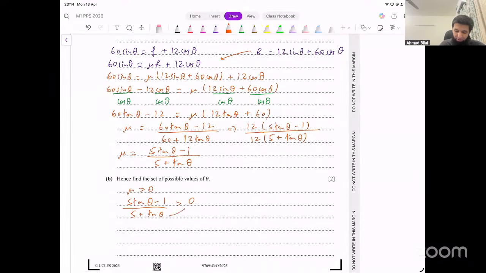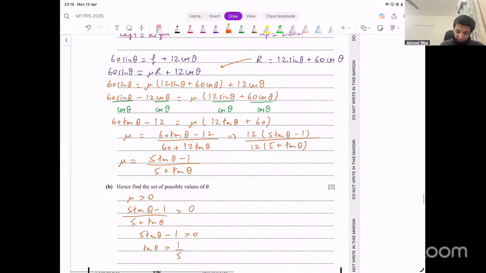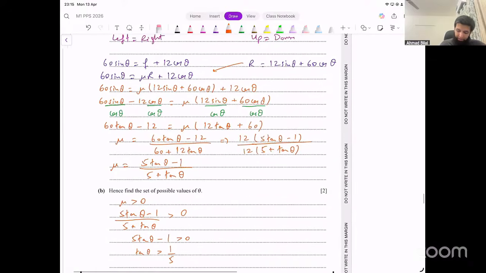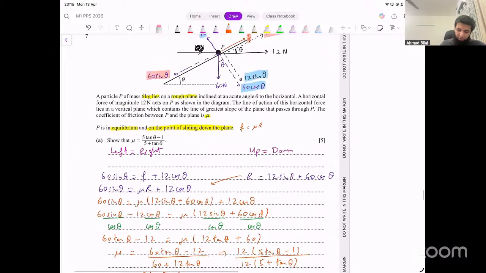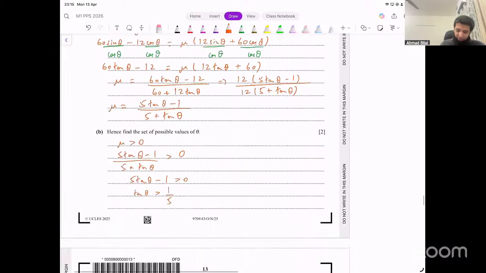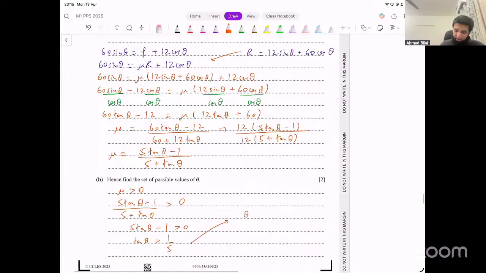This goes to the other side, gets eliminated, and we're left with 5 tan theta minus 1 greater than 0. Tan theta greater than 1 over 5. Now, since theta is acute, we know that we are in the first quadrant in which tan is positive. We could take tan inverse on the other side, and theta will be greater than tan inverse of 1 over 5. You can see what that value is in degrees.